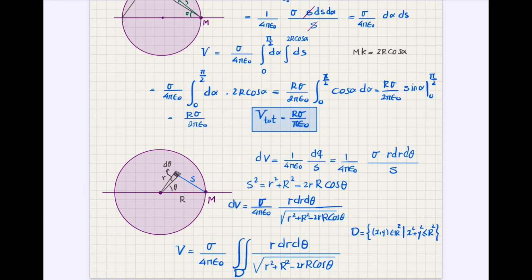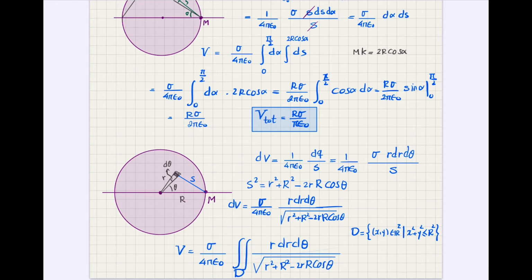So if I want to calculate this potential, I have to calculate this integral. And that is the tedious integral that Griffiths challenges us to calculate if we can, otherwise use the computer to solve it.